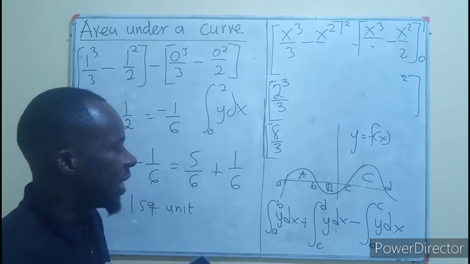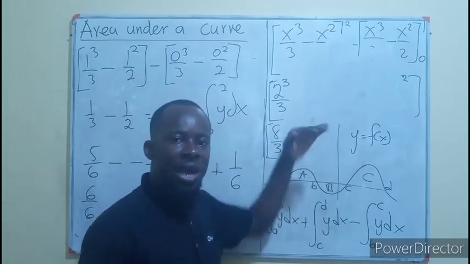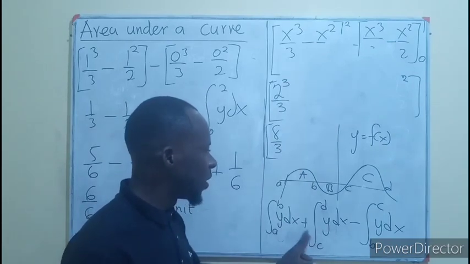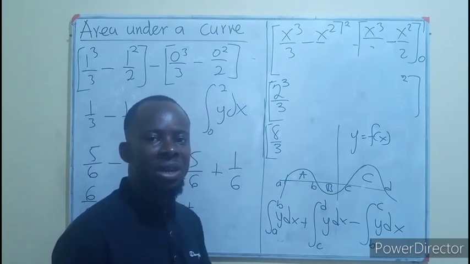So we can see that the upper area will be positive, as you can see, then the lower area will be negative.